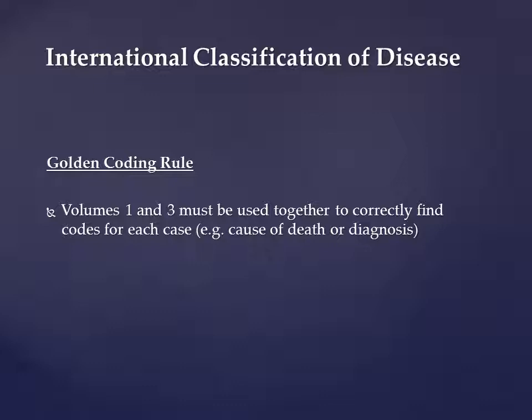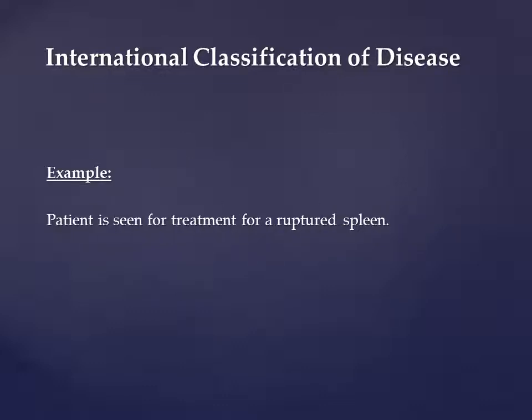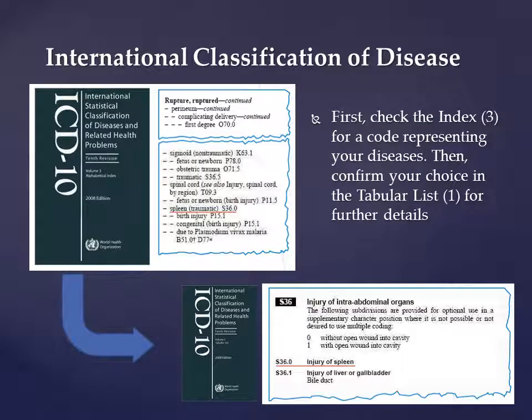Then, the Golden Coding Rule: volumes 1 and 3 must be used together to correctly find codes for each case, for example, cause of death or diagnosis. So, for example, a patient is seen for treatment for a rupture. For the users to identify the correct code, one must consult the index representing the disease, which is rupture, listed as rupture.